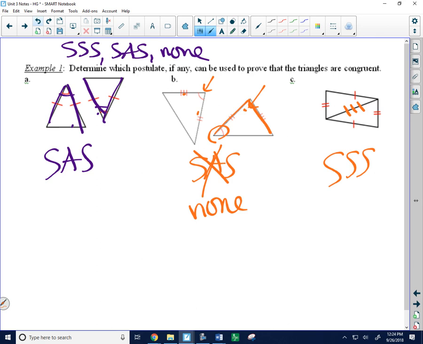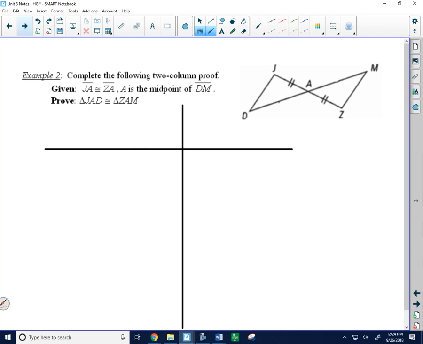So if you set up the proof, or you can right now, we will do one proof and then let you guys work on the practice. So let me set it up here. We're going to show these two triangles are congruent, which is what we're going to be doing a decent amount moving forward.